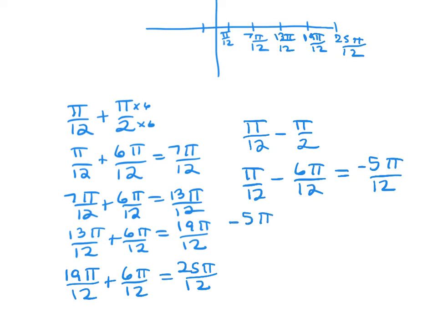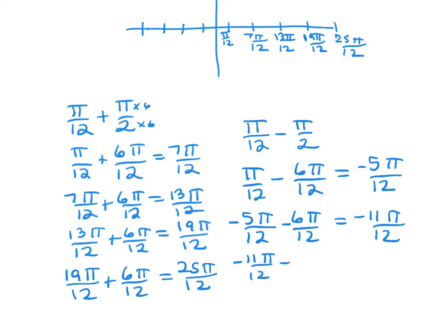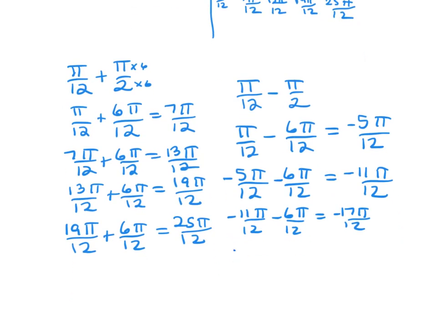So -5 pi over 12 minus 6 pi over 12, -11 pi over 12. -11 pi over 12 minus 6 pi over 12 gives me -17 pi over 12. And I got to do it one more time. -17 pi over 12 minus 6 pi over 12, -23 pi over 12.